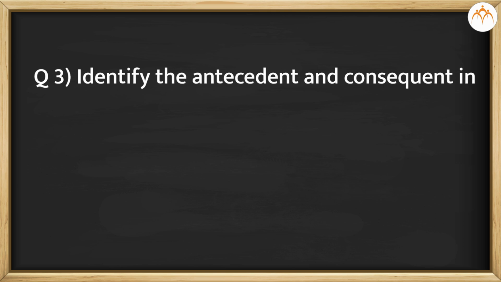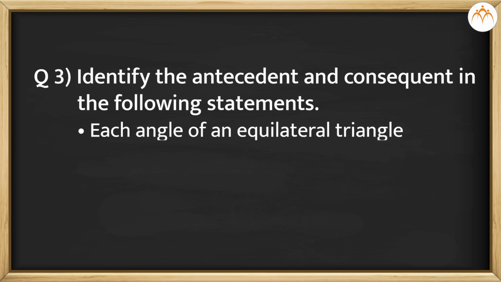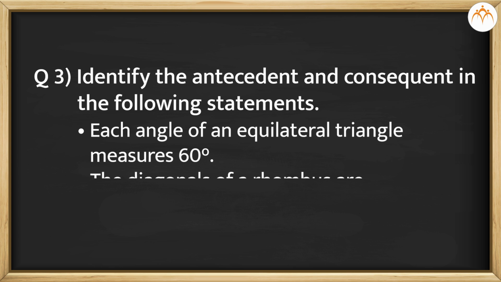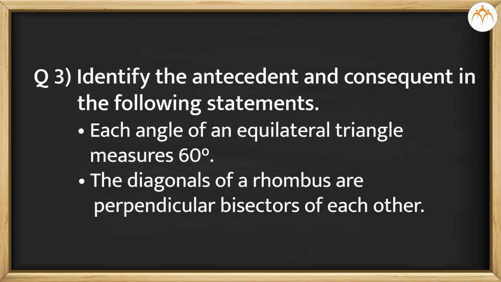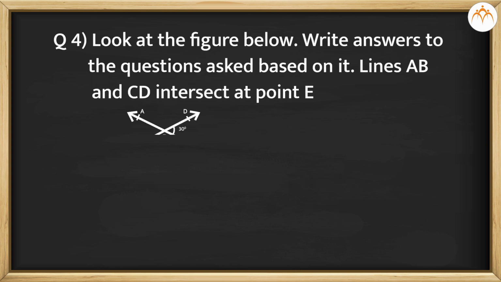Question 3. Identify the antecedent and consequent in the following statements. 1. Each angle of an equilateral triangle measures 60 degrees. 2. The diagonals of a rhombus are perpendicular bisectors of each other. Question 4. Look at the figure below. Write answers to the questions asked based on it.